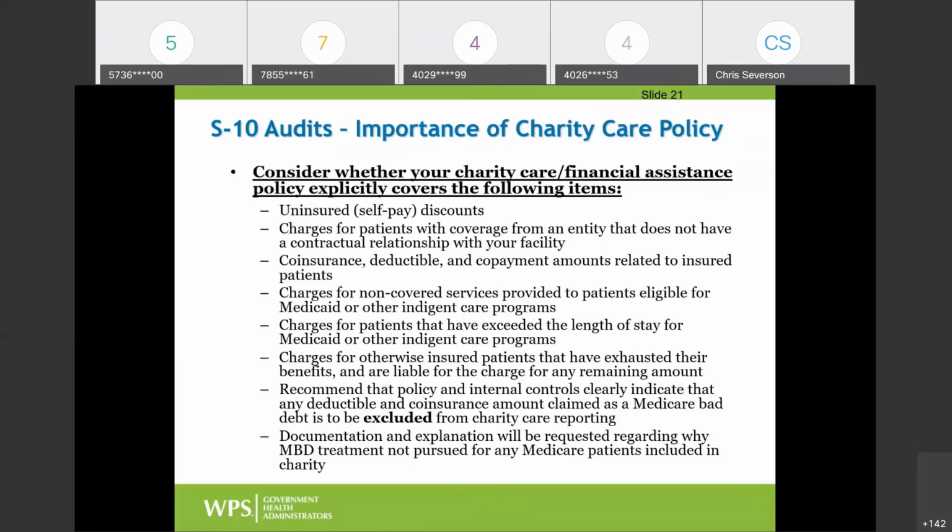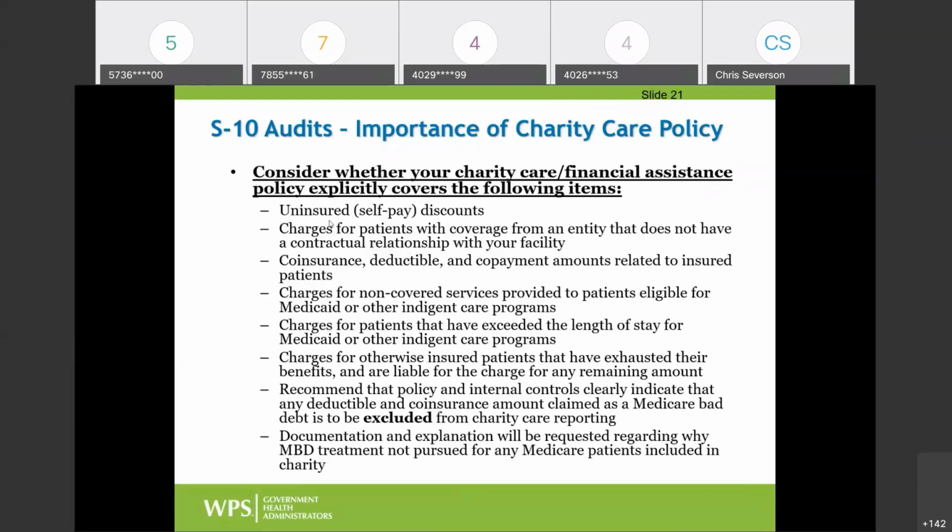But keep in mind, you might also have things like uninsured or self-pay discounts that might not normally be considered your normal type of charity care. It's just a self-pay discount. It's almost a presumed charity care, if you will. So in that situation, you might be writing it off in a different way in your accounting system.